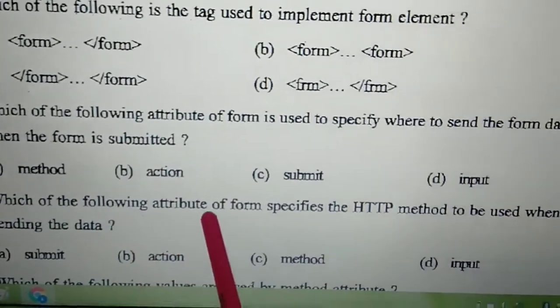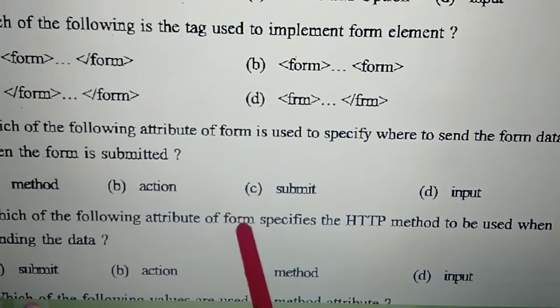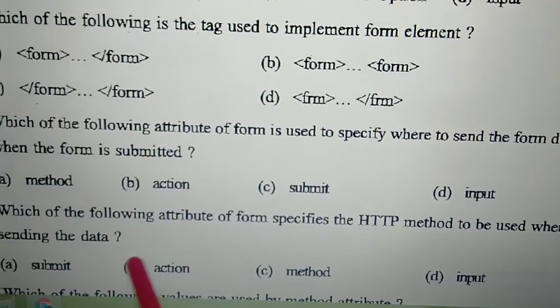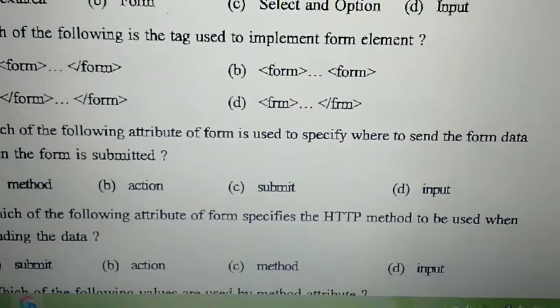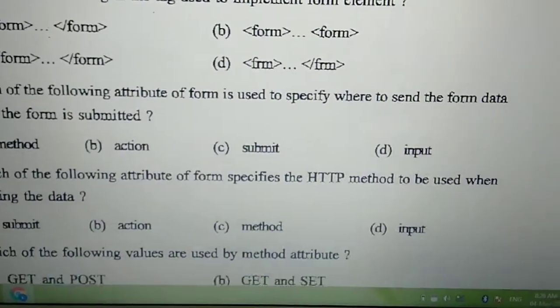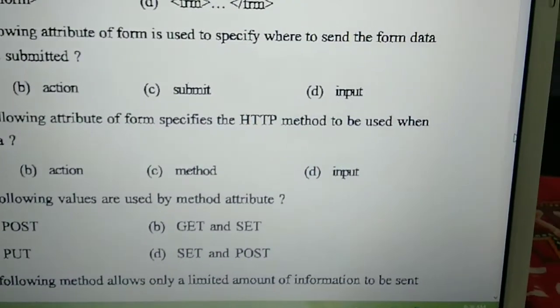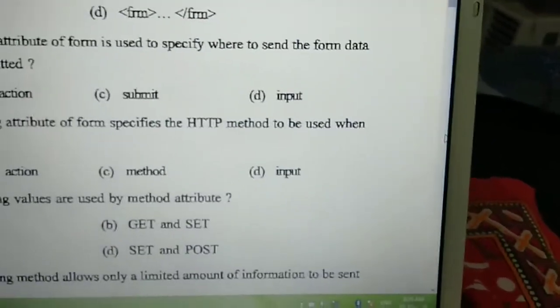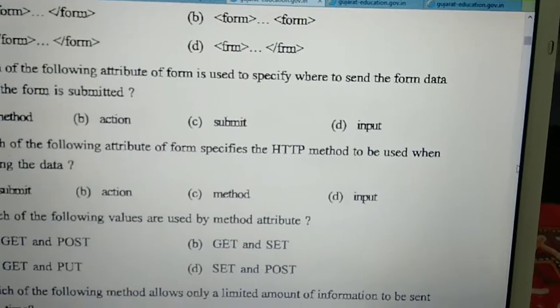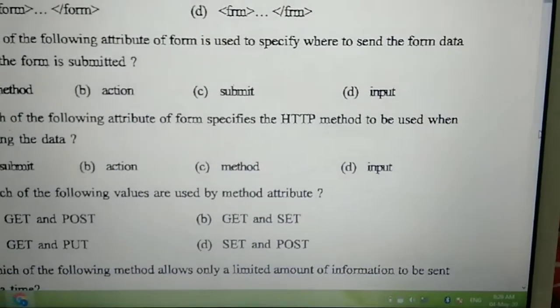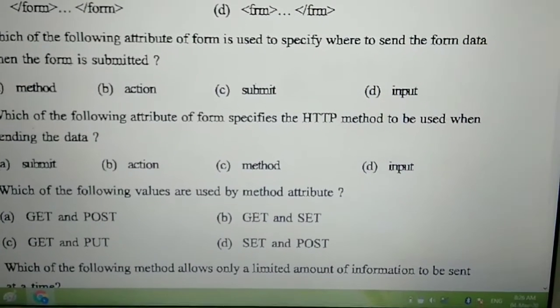Now fifth, which of the following attributes of form? Form has how many attributes? Two attributes, that is action and method. Which of the following attributes of form specifies the HTTP method? HTTP stands for Hypertext Transfer Protocol, because we are transferring our data from one page to another page.